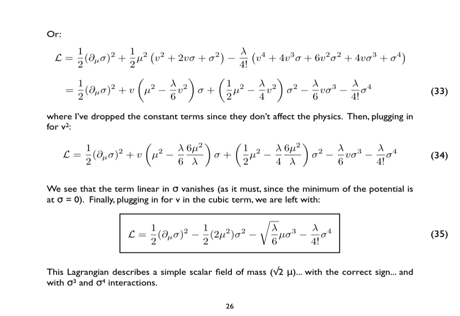Well, when we group everything together, what we see is that the coefficient of the term that's linear in the sigma field actually vanishes, because mu squared, we've already computed by minimizing the potential, is actually lambda over 6 times v squared. So that term goes away, and you get some other cancellations if you plug in mu, or if you work the other way around and plug in for lambda. Either way, you end up with this Lagrangian.